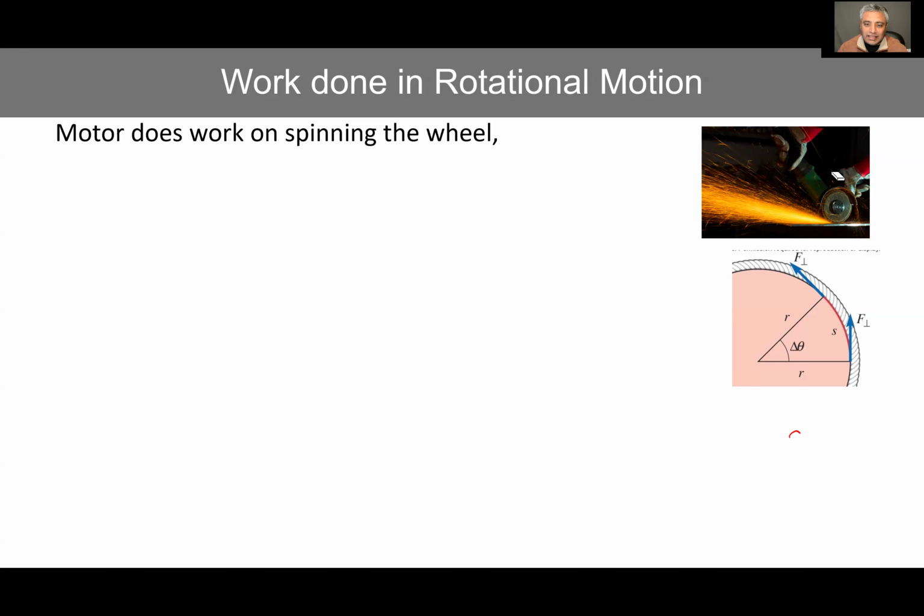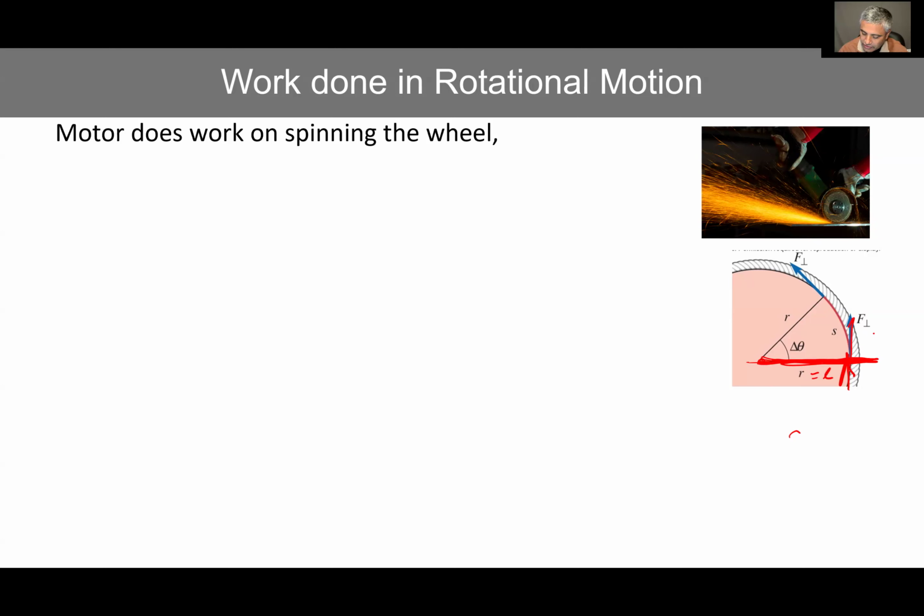So now let's get to a bit more general situation when something is rotating. Anyway, something is rotating here. Initially, let's say we start pushing the object. For example, we are applying a force here, which is perpendicular to the radius. That means the radius is the same as the lever arm here.